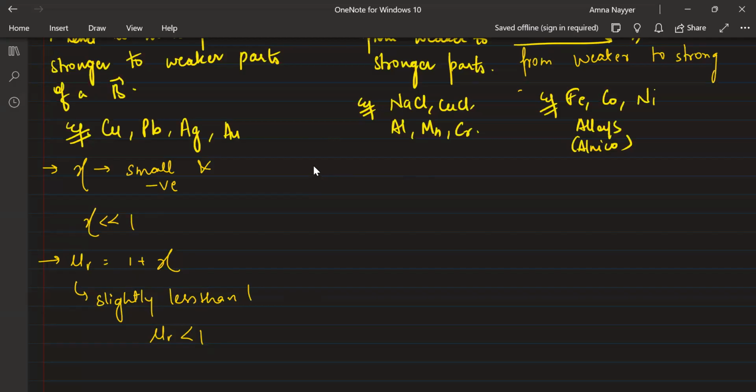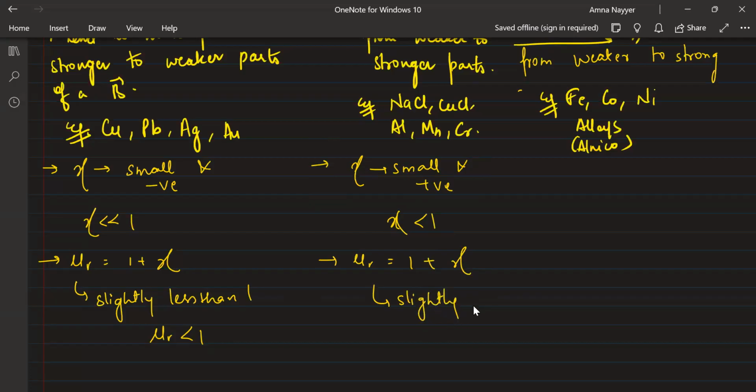Coming to paramagnetic substances, chi is small but positive, lesser than 1, and mu r, which is 1 plus chi, is just slightly greater than 1.